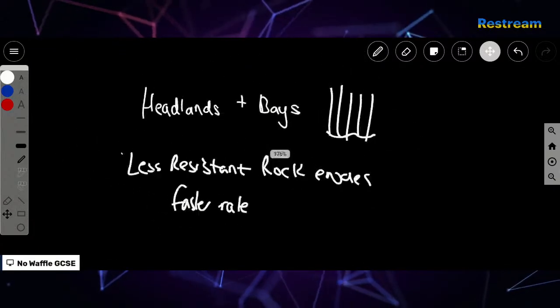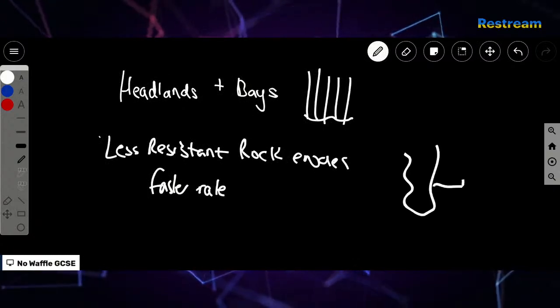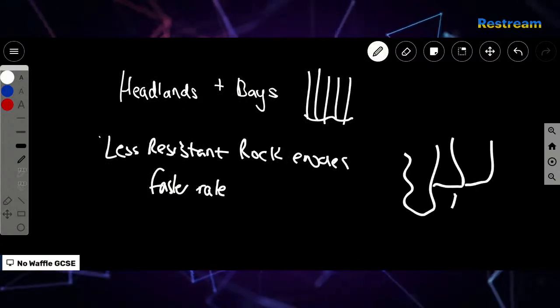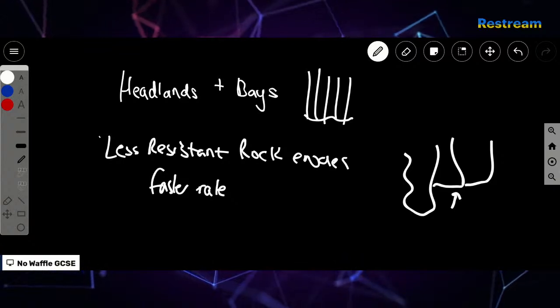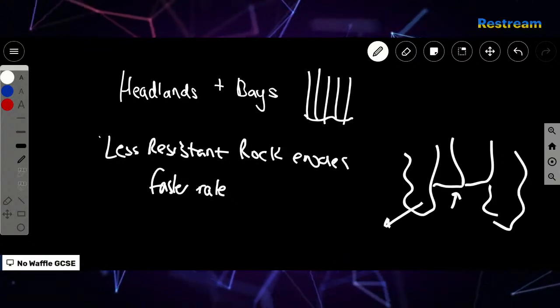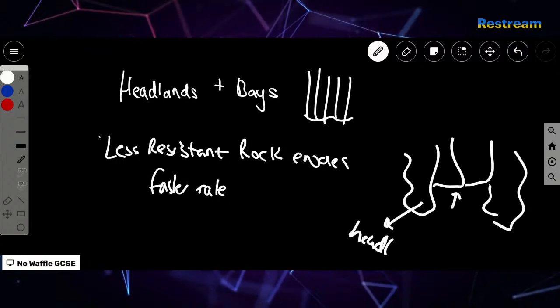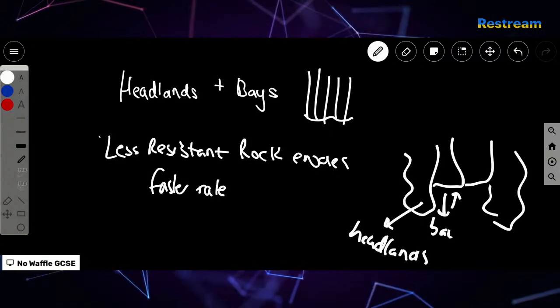Eventually you just get the hard rock which juts out, and the soft rock goes inwards because it has been eroded, whereas hard rock takes longer to erode. So we call the hard rock that takes longer to erode the headlands, and the soft rock that's eroded much quicker, the bays.